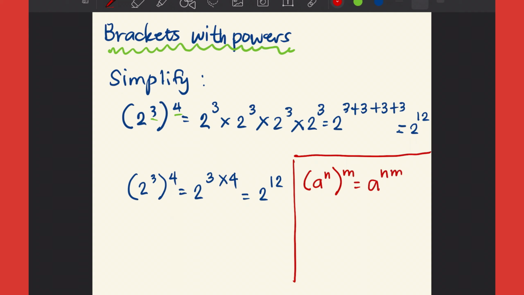We multiply n times m to get nm. So let's have an example. Let's say we have a raised to the power of 4, and then raised to the power of 5, is equal to a raised to the power of 20.